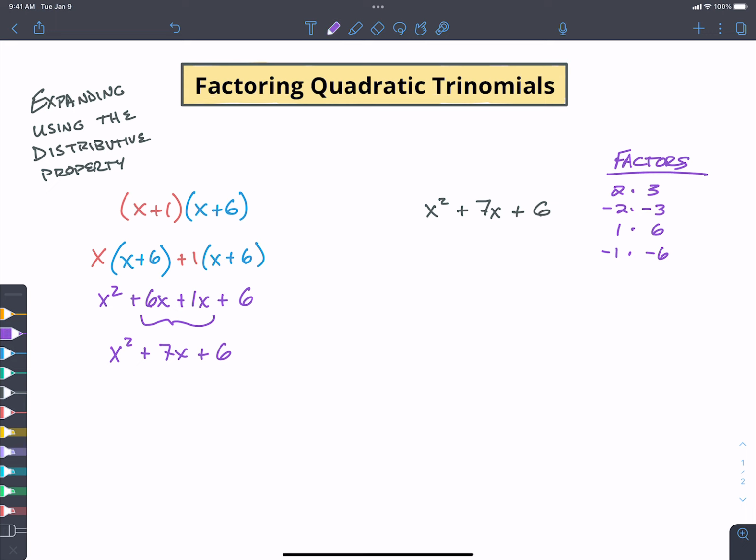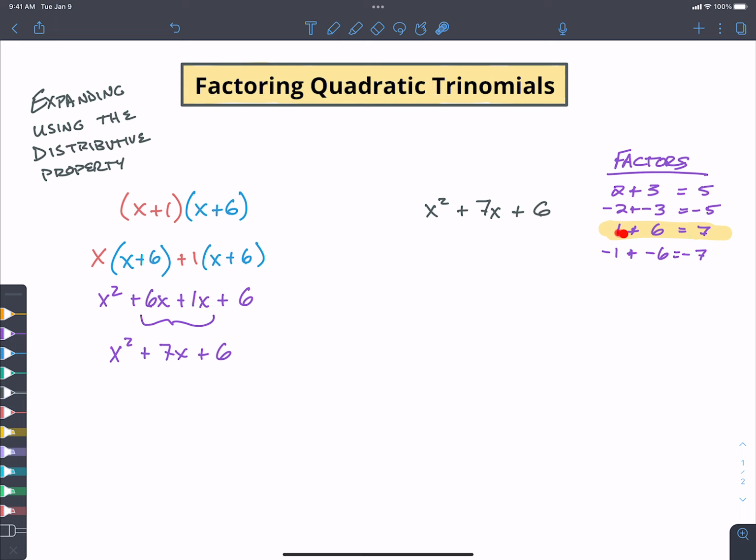You could probably quickly see it, but if we add these two things together, we get 5. If we add those two things together, we get negative 5. If we add those two things together, we get 7. And those we get negative 7. So clearly, this is going to be our one right here. So we want to consider 1 and 6.